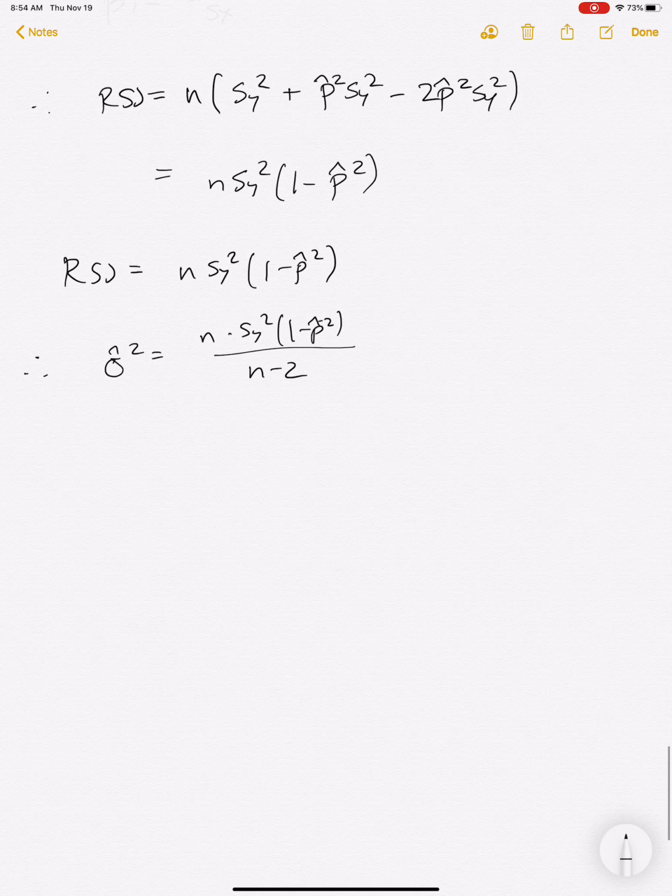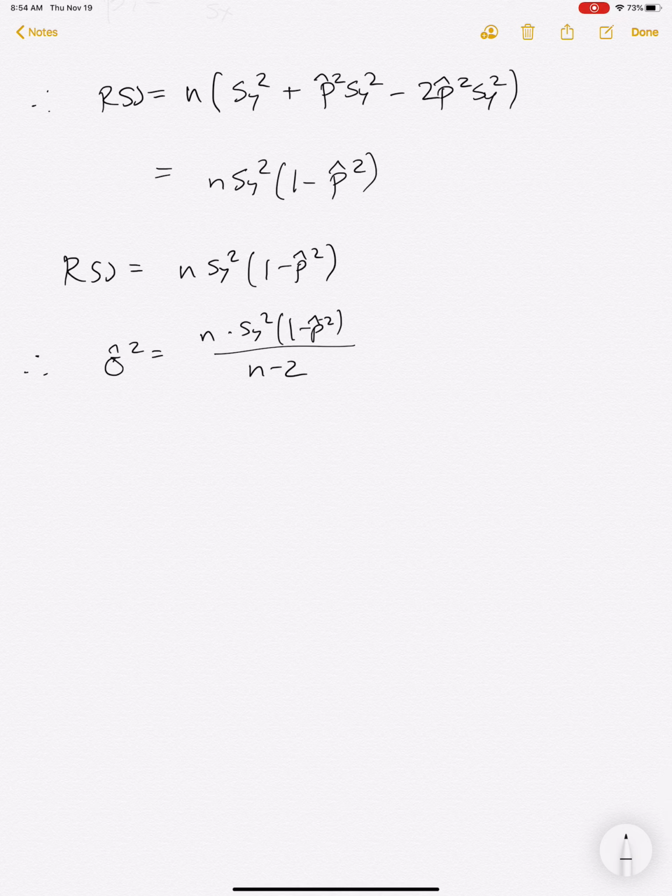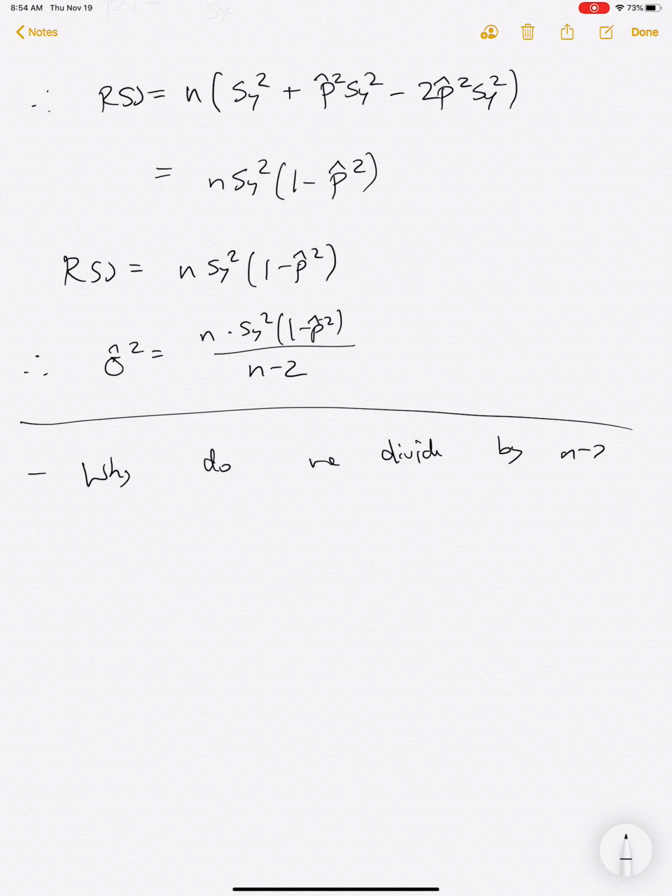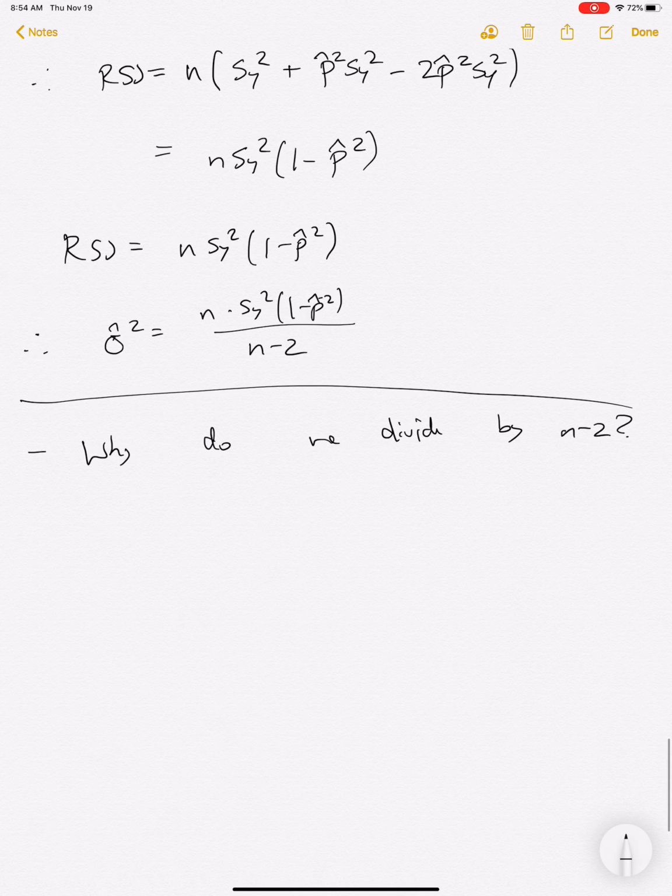Okay, and one thing you might wonder is, why do we divide by n minus 2? Because you would think, if we divided by n, this expression looks a little bit nicer.